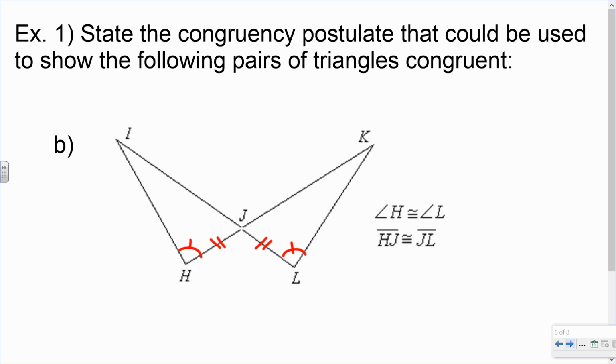Do we know anything else on this one? Hope. That angle IJH is congruent to angle KJL. Vertical angles. Very good. That those are vertical angles. So then we can say these other ones. Angle, angle implies angle, angle, angle.